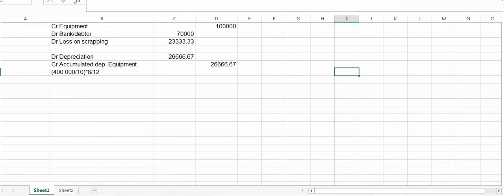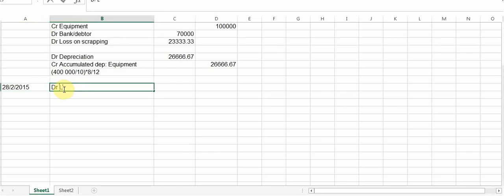So I'm going to do this general entry. This is also on 28 February 2015, and I'm going to say I debit the land because there's an increase in the asset, and I will credit the revaluation reserve. You can alternatively also say surplus.